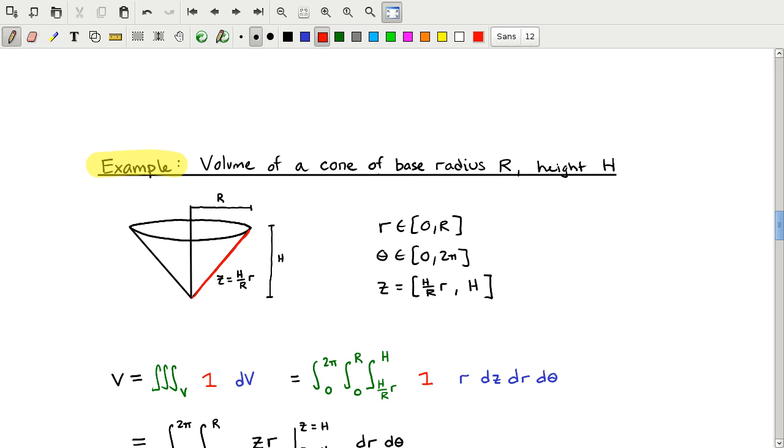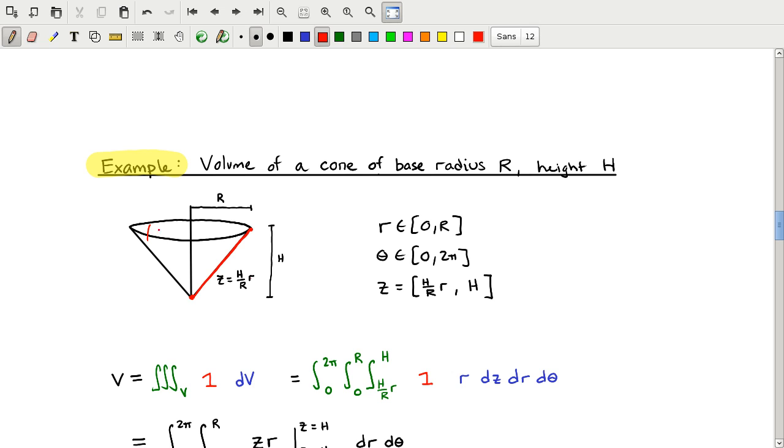And this line gets us from the point z equals 0 when r equals 0 to z equals h when r equals capital R. So this line has a slope, z of r. It has a slope H over R, capital H over capital R, rise over run. And so it also has an intercept of 0, z equals 0 and r equals 0. So slope-intercept form says that z equals capital H over capital R times little r.